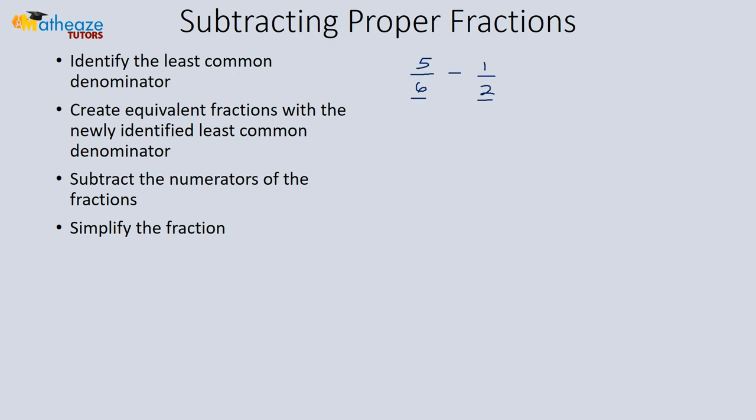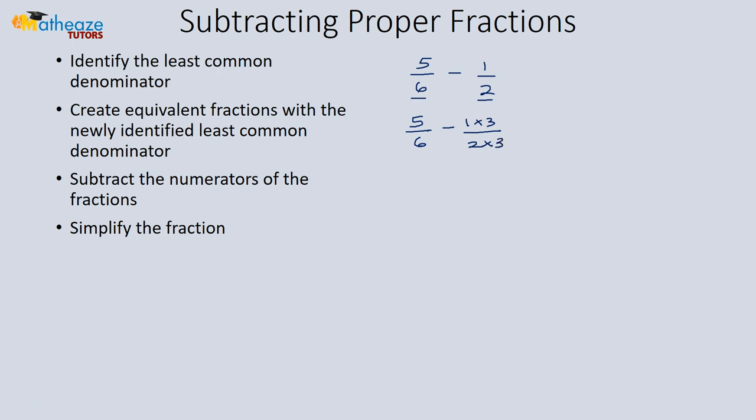Because 6 is a multiple of 2, we can safely say that 6 will be our least common denominator. Now we're going to find out what we multiply 2 by to get to 6, which is simply 6 divided by 2. So in this case, we're going to multiply numerator and denominator by 3.